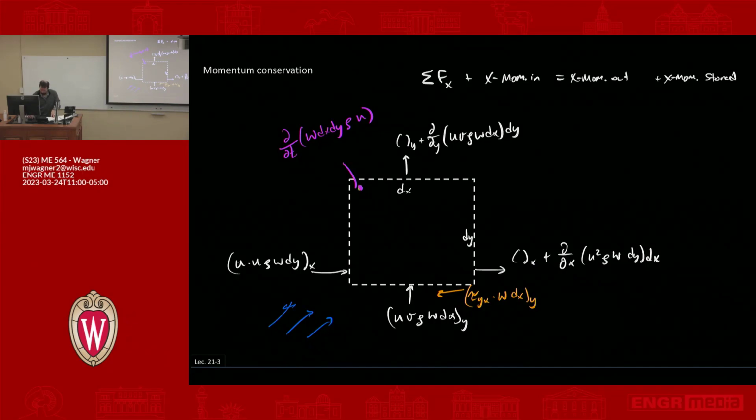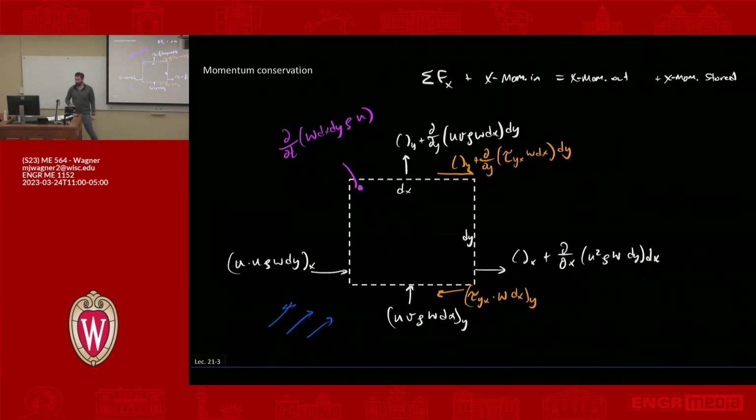And then on the other face, or the opposite face, I just draw it in the opposite direction. And it would be the same thing, but plus the derivative. So that would be partial with respect to y of tau yx w dx times dy. Those are the shear terms there.